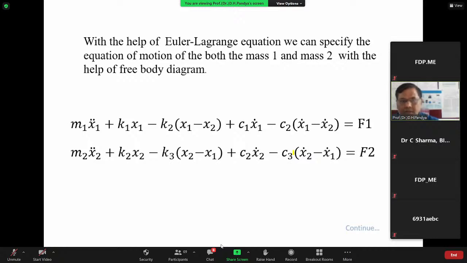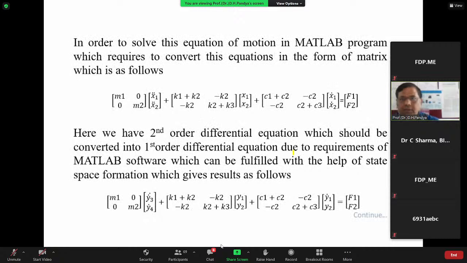Mx1 double dot plus k1 x1 minus k2 x1 minus x2, for 2 degree of freedom, for the first model without seam model, right? Then that second order differential equation has been solved in MATLAB software, and before that we have to utilize the state space formation, or we can say the state space variables.